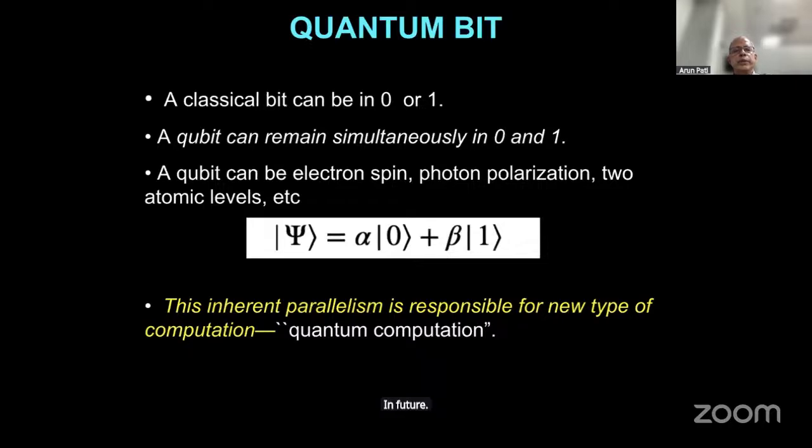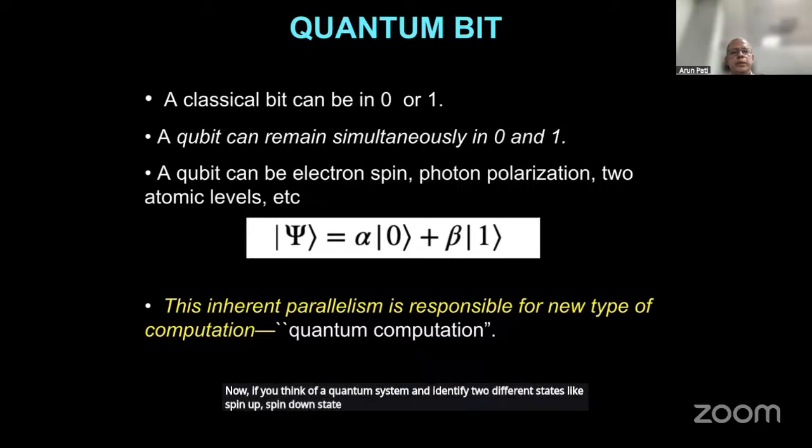So coming to the quantum bit, as I said, let us try to distinguish these two notions, classical bit and quantum bit. Classically, any classical bit can remain in 0 or 1. Now, if you think of a quantum system and identify two distinct states like spin up and spin down, you can say if it is spin up, it is 0, and if it is spin down, it is 1.